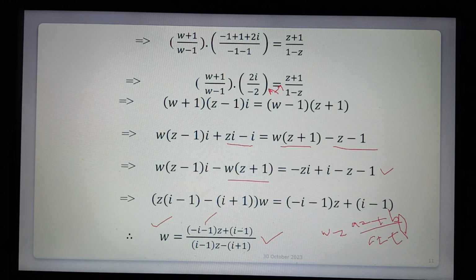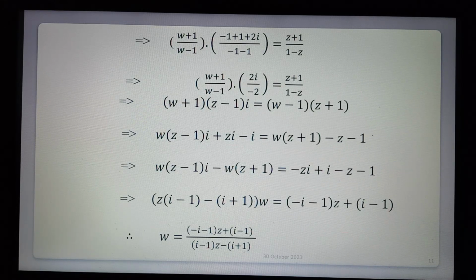This is one of the problems in bilinear transformation, a long question and a very important question.